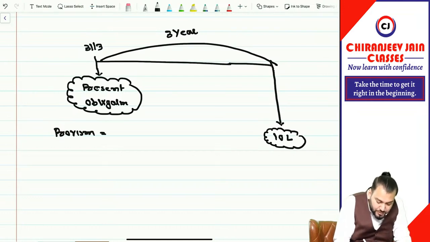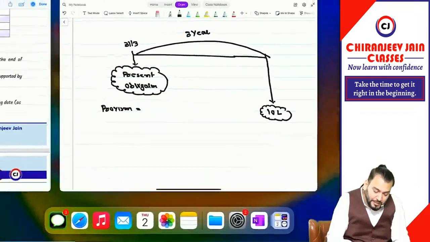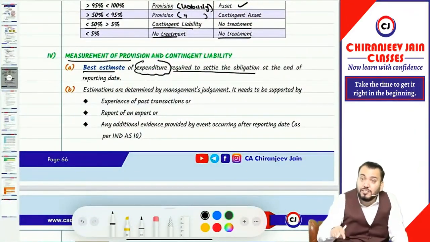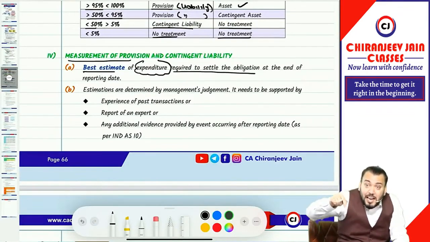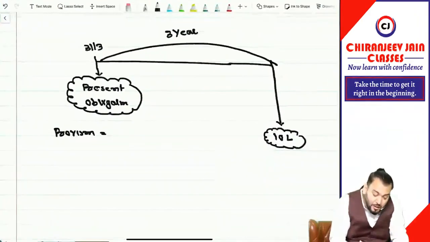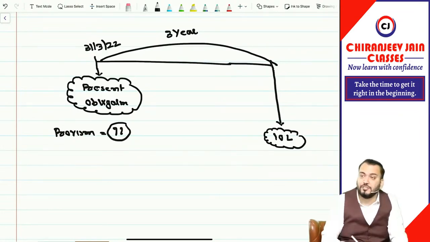Apply your common sense. Have you understood the question? Once again I read. What they say, it is the best estimate of expenditure which is required to settle the obligation at the end of reporting period. Means how much amount will be settled on this date only? On 31st March 2022, let us assume.